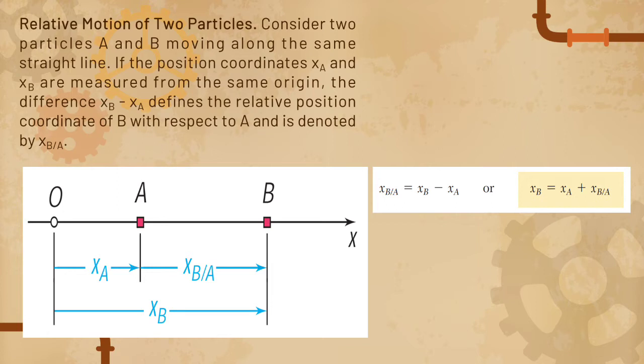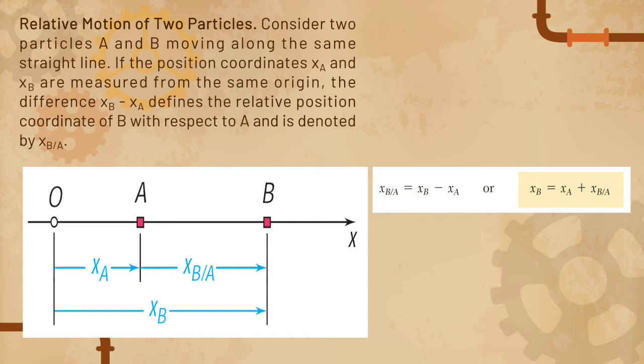Then we write the equation x sub B over A is equal to x sub B minus x sub A, or written as x sub B is equal to x sub A plus x sub B over A. Based on the figure below, the distance from 0 to A is denoted by x sub A. This measures the distance between these 2 points.